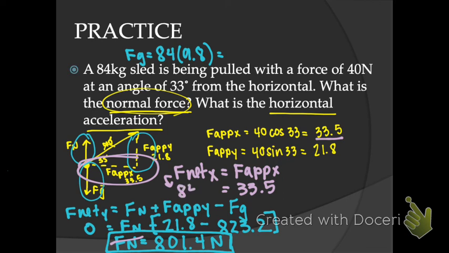M times A, so 84 times the acceleration. The other way to solve for net is F net equals MA. So I'm going to substitute that in right there. Mass times acceleration. So I'll take 33.5 divided by 84, and I get an acceleration of 0.399 meters per second squared.